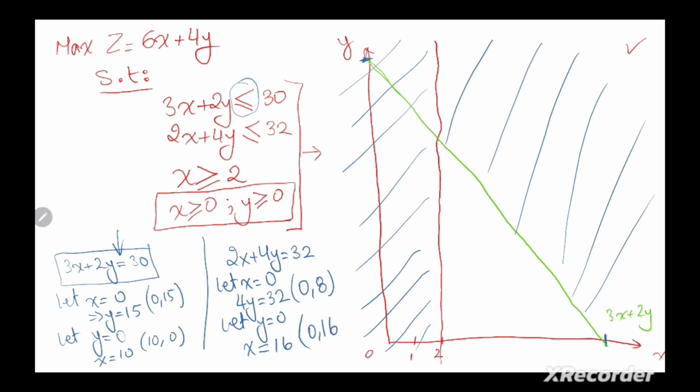So we have (16, 0), which is way farther back. Almost, let's say it is here. And the other point is (0, 8), which is almost here. And we want to connect them together.